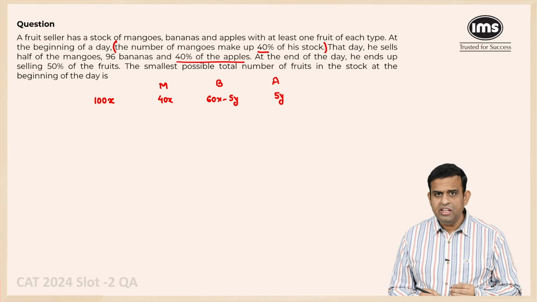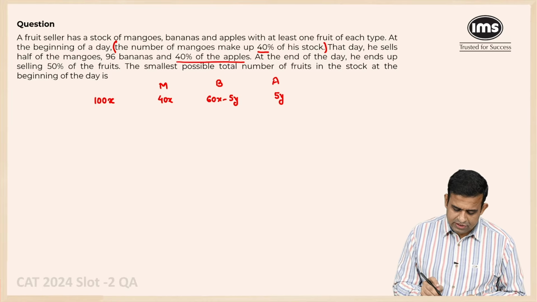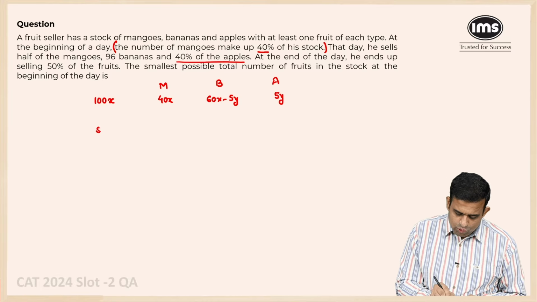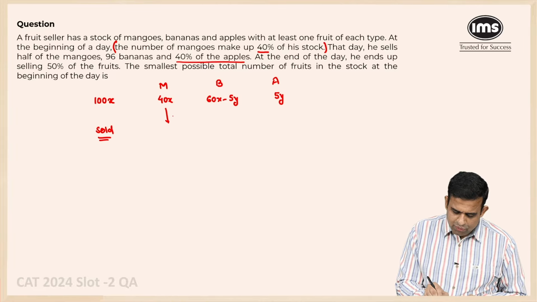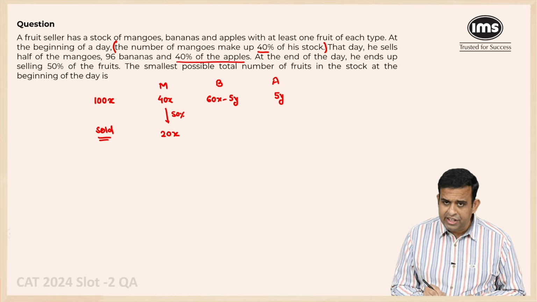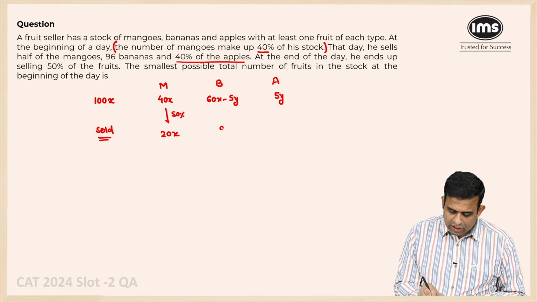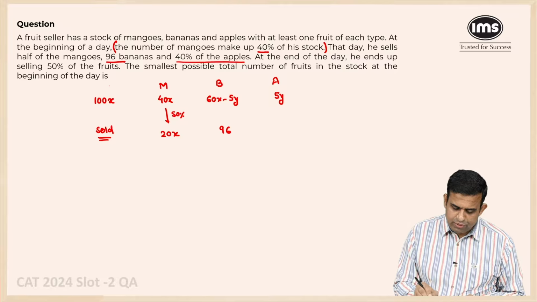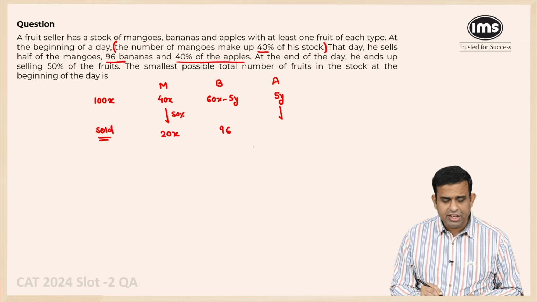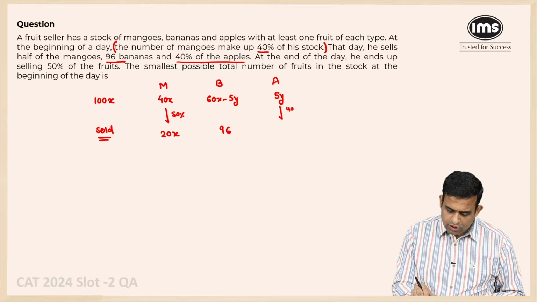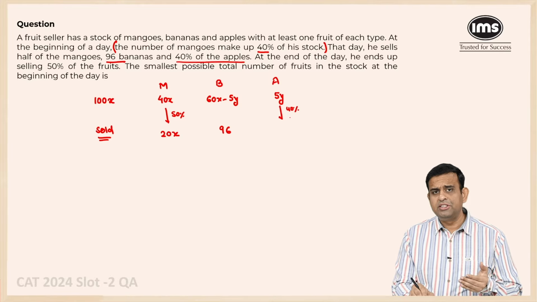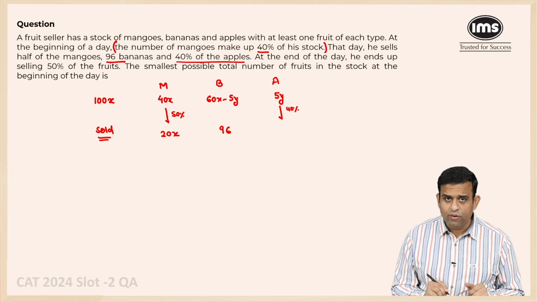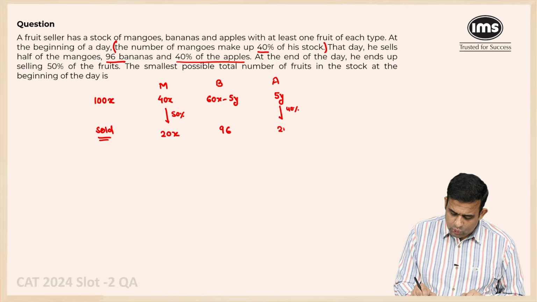Now how much are we selling in this particular case? The number of fruits sold: mangoes sold was 50%, that will give you 20x. The number of bananas sold was 96, given to us as an absolute number. And how about the apples? 40% were sold, which would be nothing but 2 by 5 of the number 5y, giving you 2y.